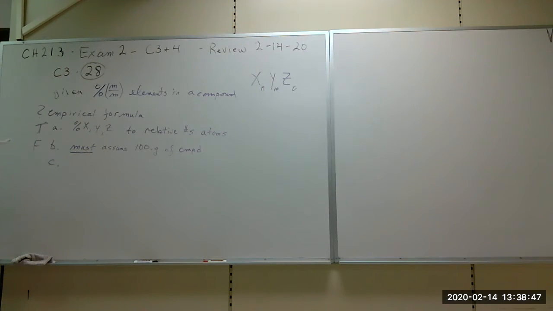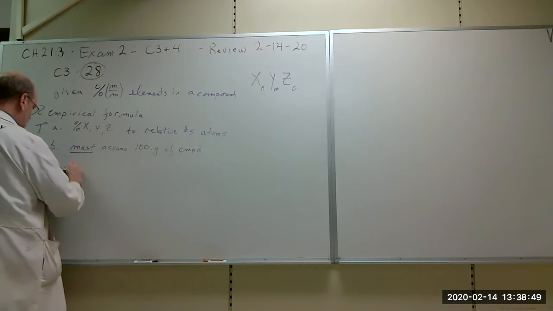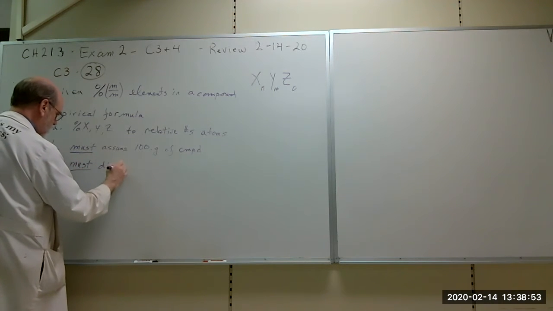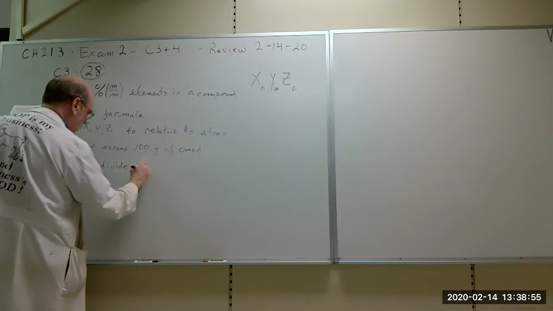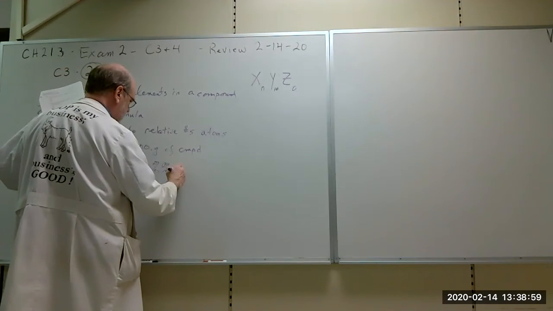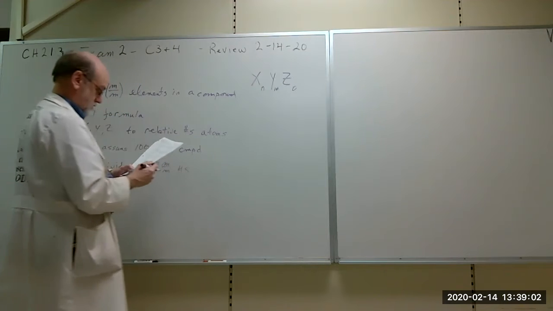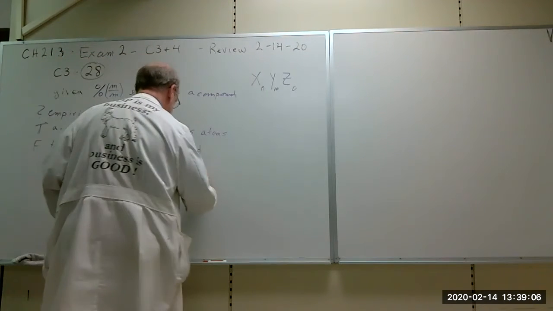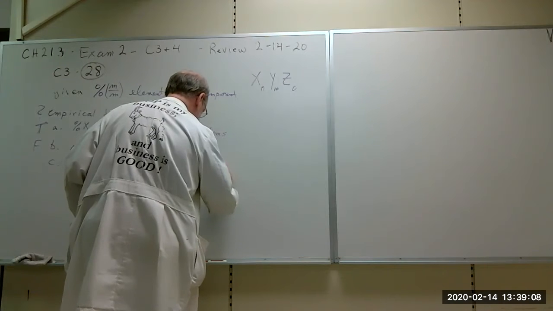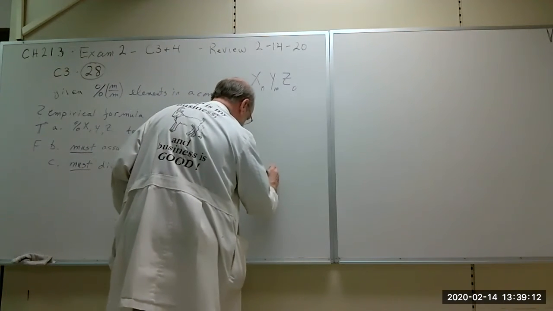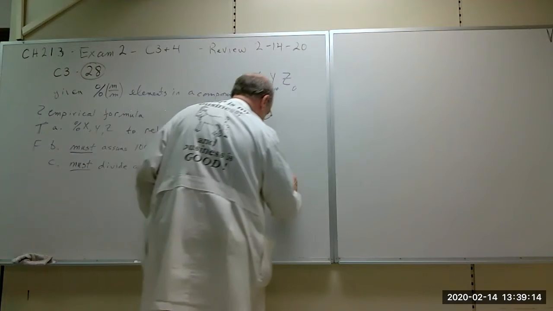You must divide all percent by mass numbers by the smallest percent by mass.